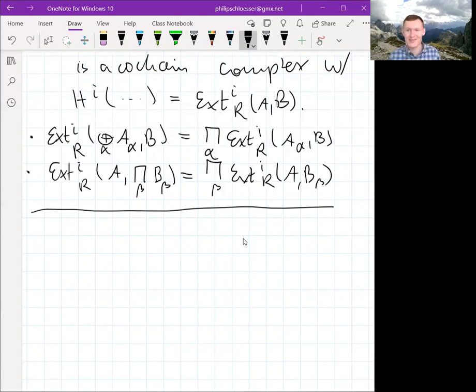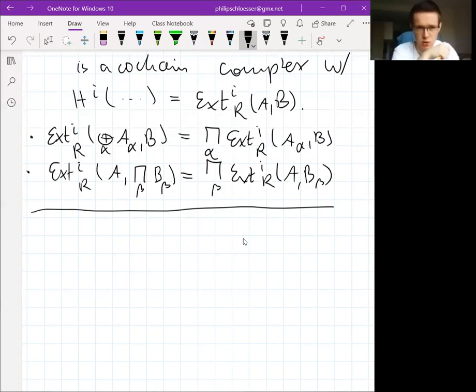And there is a case where the height is equal to the depth for the ring and the module. So the sum turns into the product, and the product in the second argument turns into the product.